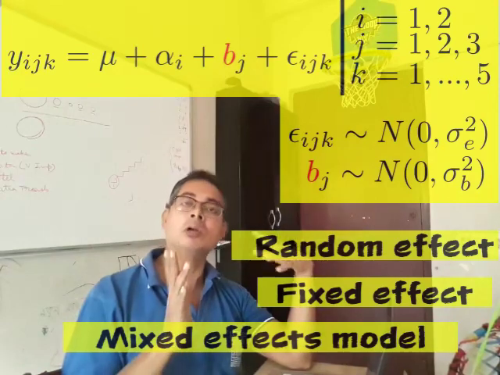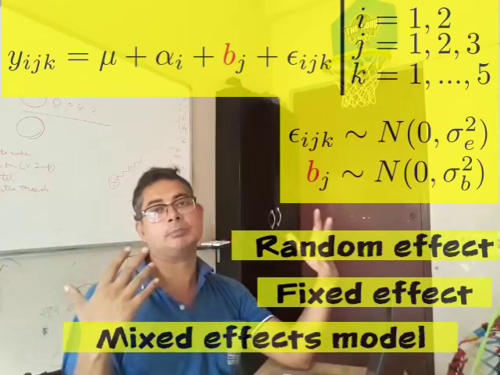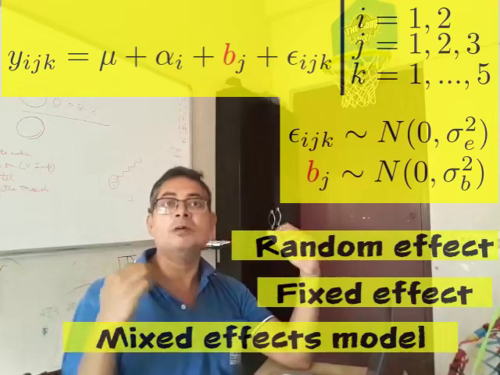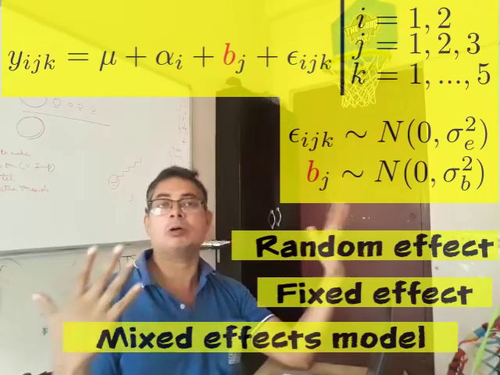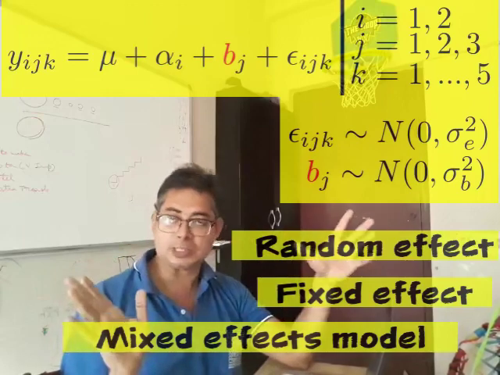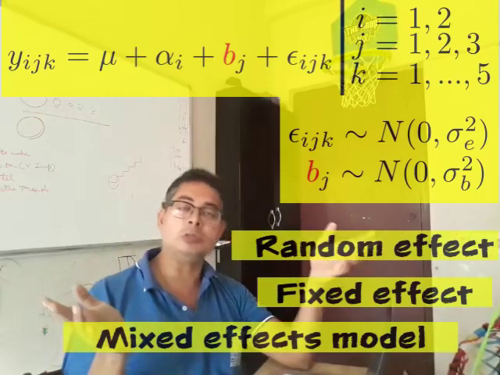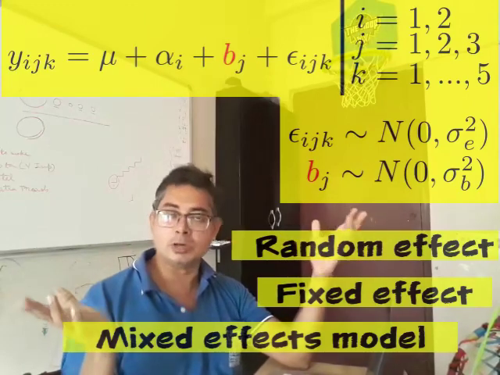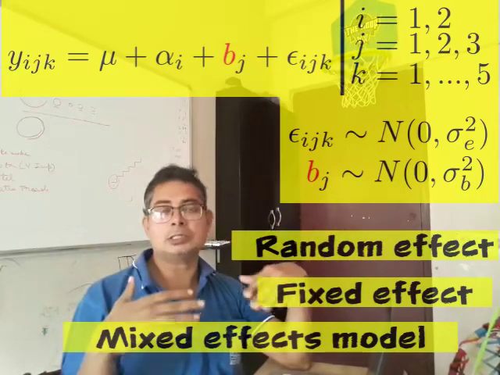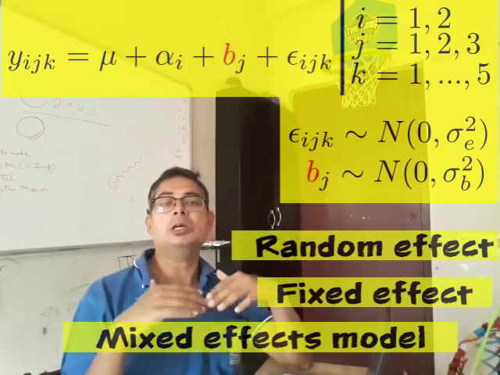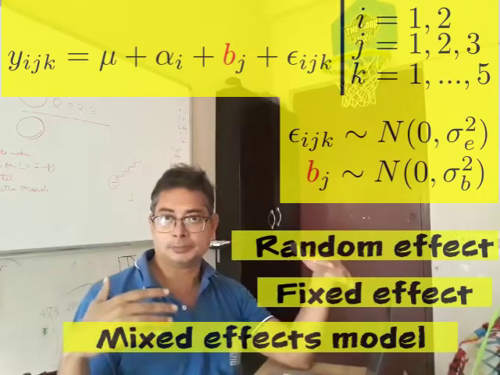If we have only fixed effects, like all the examples that we have considered so far, we call them fixed effects models. So all our models considered so far are fixed effects models. If we have only random effects, then similarly we shall call them random effects models. In most cases we have both of them, like in this example, that will be a mixed effects model.